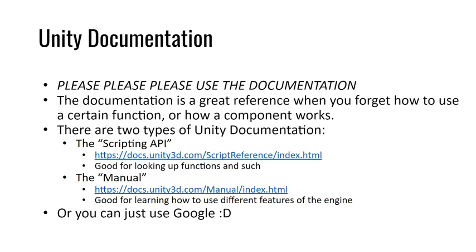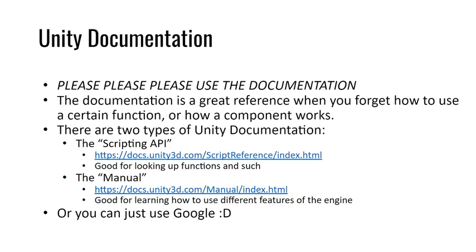There's documentation, and I highly recommend that you use it, because if you just Google something, you'll most likely end up being directed to the documentation, and that's how I found out a lot of stuff about Unity, because I stopped going to workshops last year.